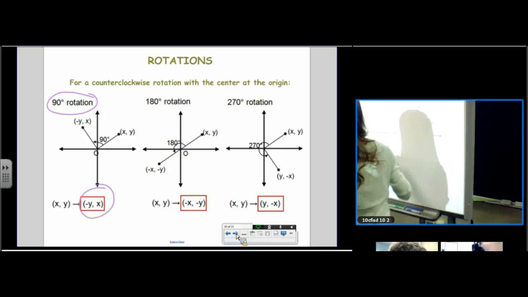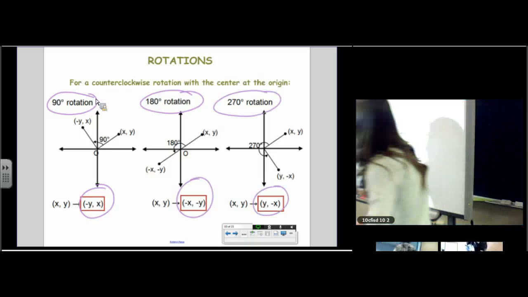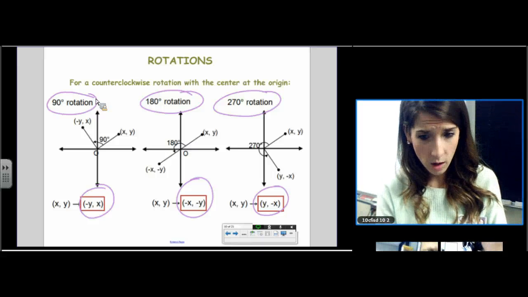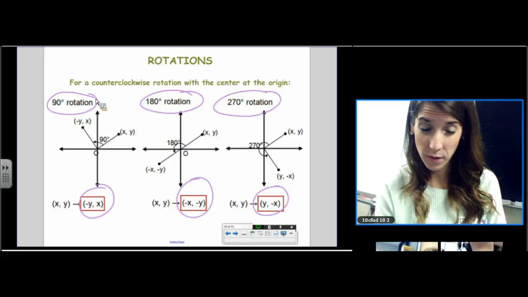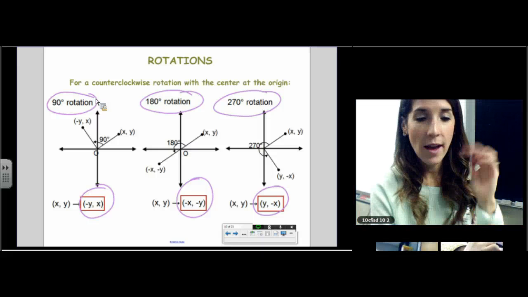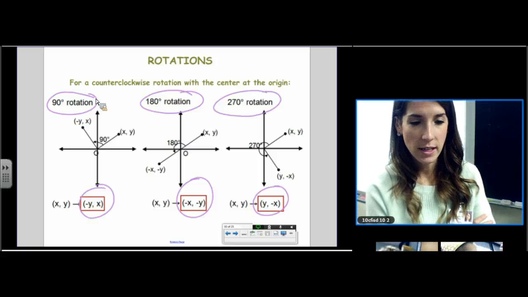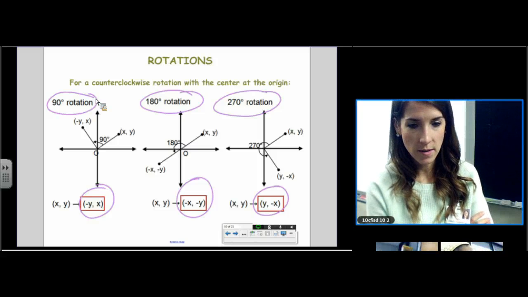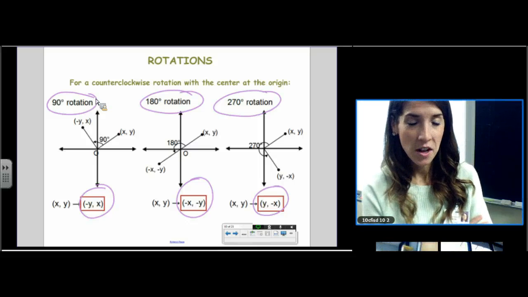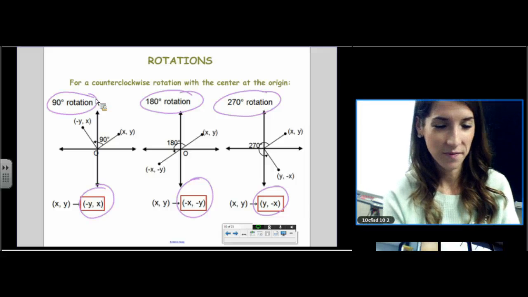These are 3 rules that you do have to memorize, along with the reflection rules from yesterday. I will give you a trick to memorize these, but for now, I'm letting you write them down, because it can get confusing. Was that -Y, X or was it Y, -X? It's confusing.